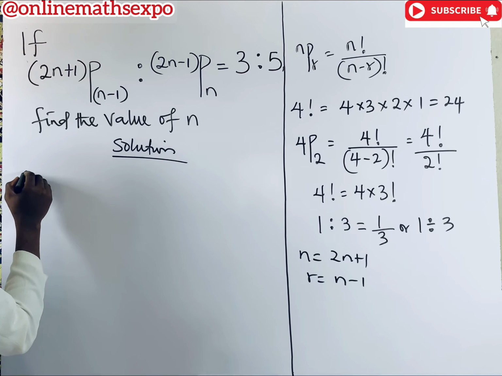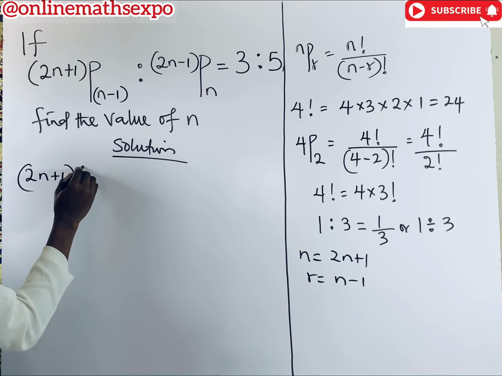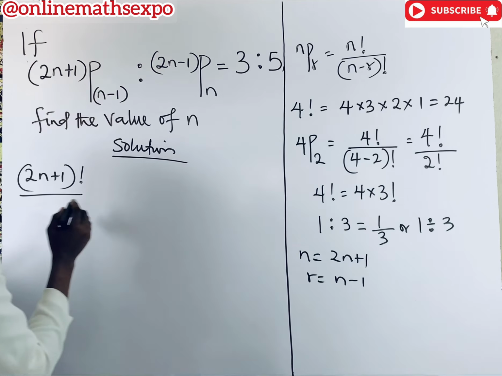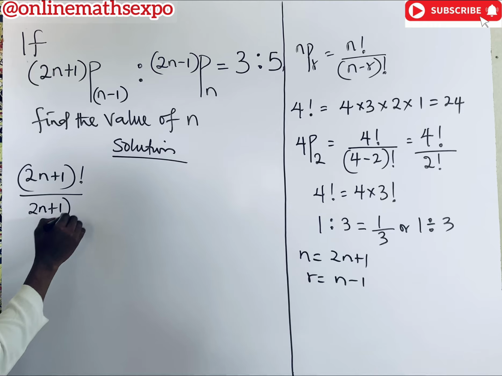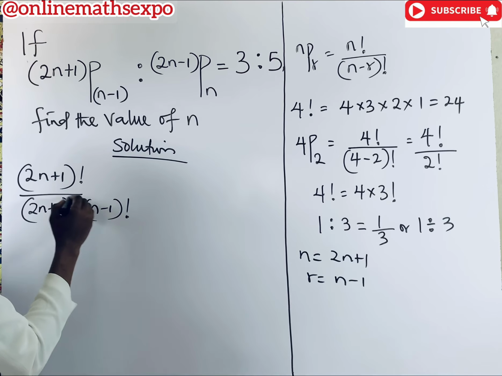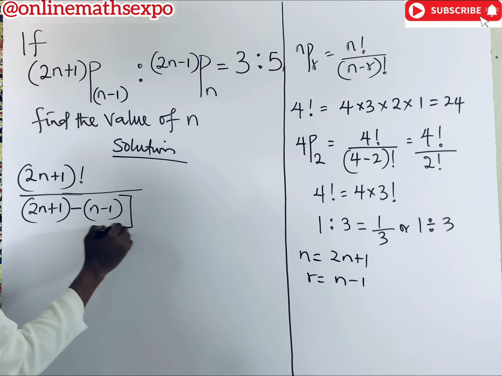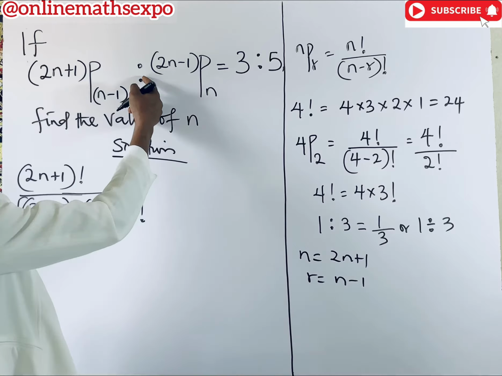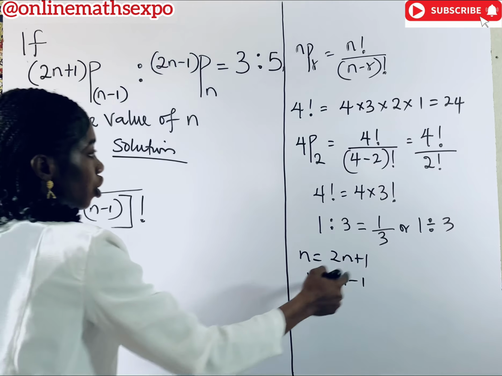We're going to have 2n plus 1 factorial over our n, which is still 2n plus 1, minus our r, which is n minus 1. Did you see that? So we're going to use big parentheses to separate it from this. Then this symbol ratio, we are turning it to division.